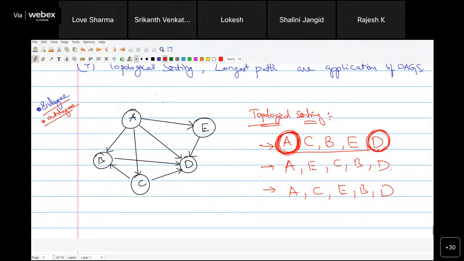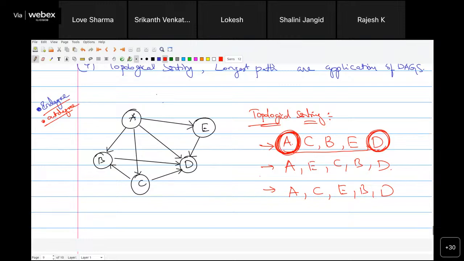Sorting means ordering, so we are going to order the vertices from least priority to highest priority. This is what topological sorting means.